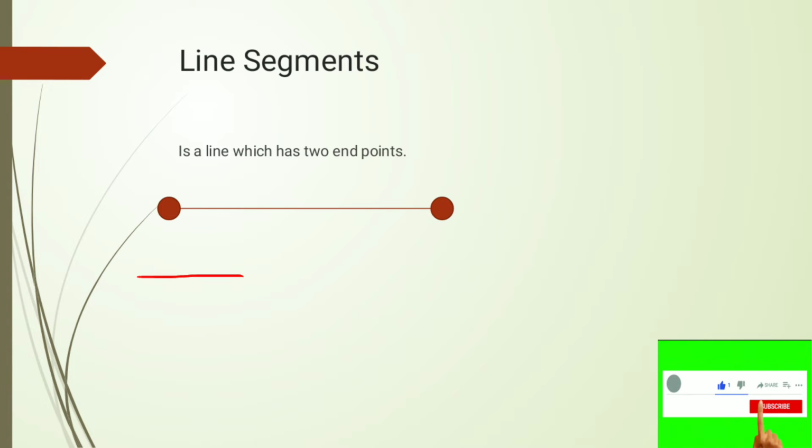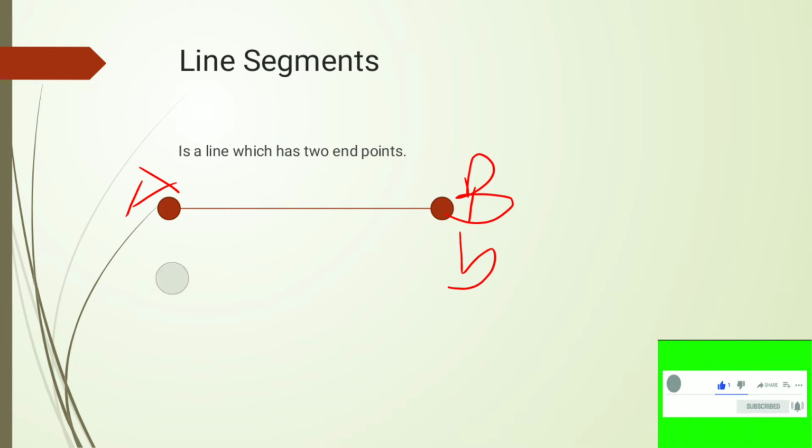We're going to write A, B. This is the name of the line segment, and here we do not write A like this and B like this. It's wrong. Okay, so suppose this line segment is line segment AB.